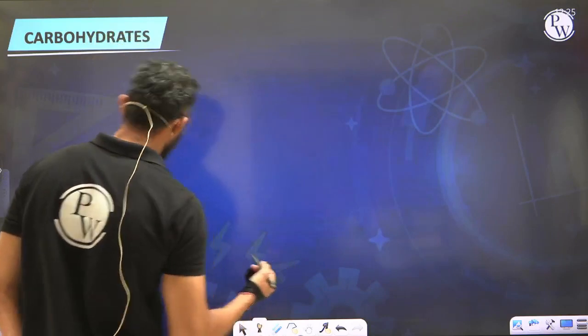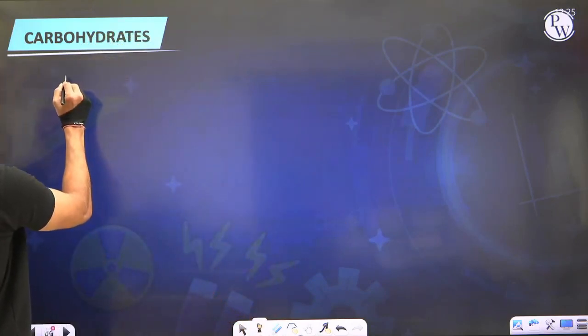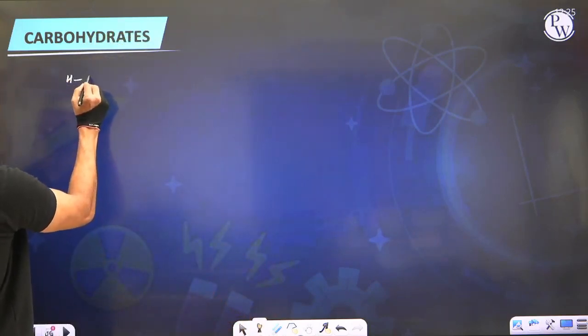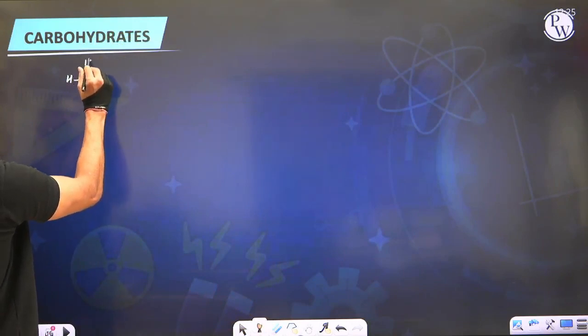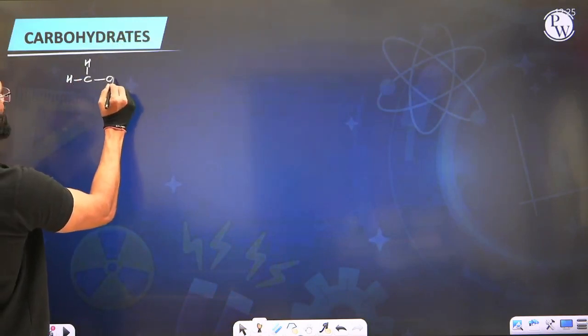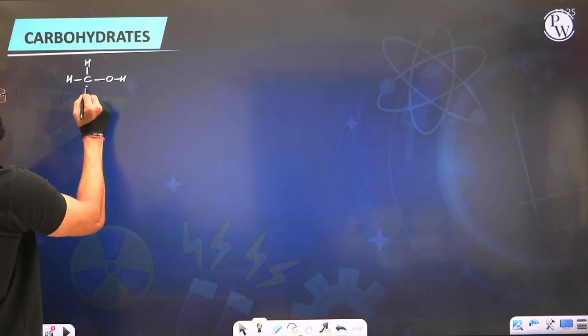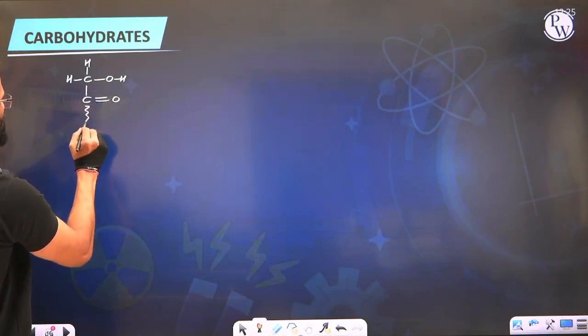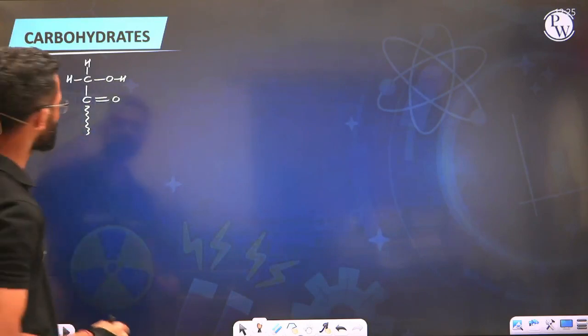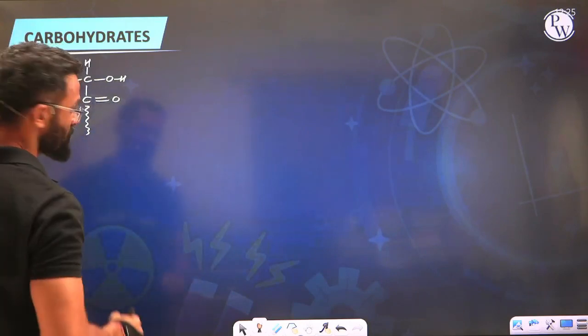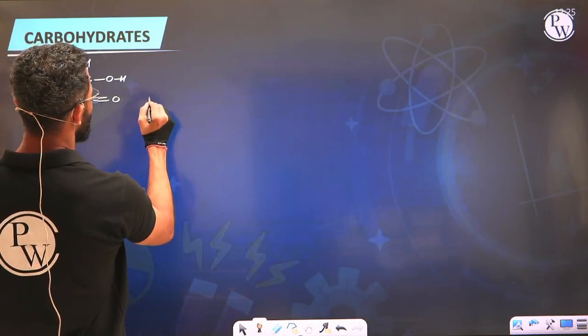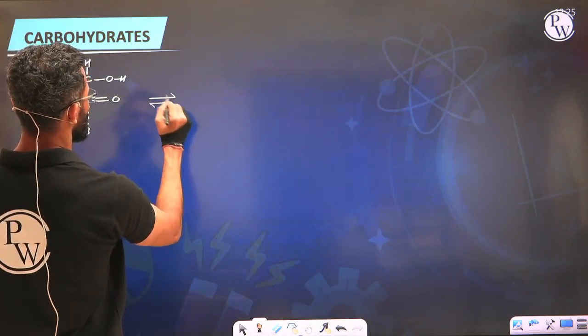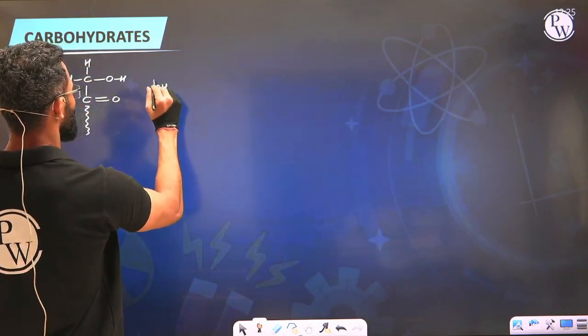Why? Suppose I talk about fructose. Fructose we draw structurally like this. And then further whatever chain it is, that chain is not important to us. But the first carbon is a primary alcohol, the second is a ketone. Now suppose we allow this to react with Tollens, Fehling and Benedict solution, which is alkaline in nature.